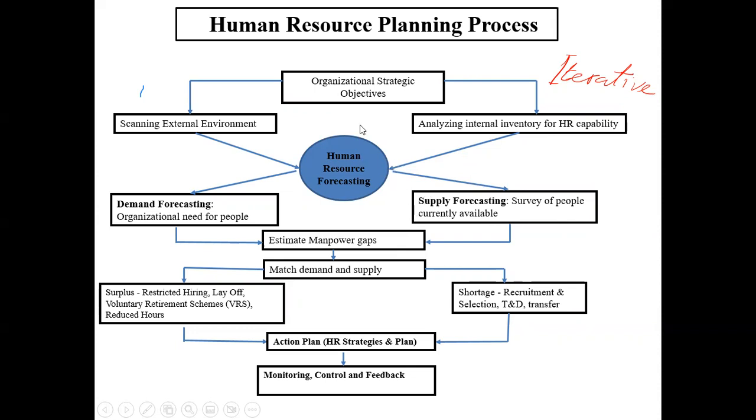It is continuous because it begins from the assessment of an organization's strategic objectives through other stages such as environmental scanning, human resource forecasting, matching of these forecasts, taking an action plan, and monitoring, controlling, and giving feedback into the system. It is also iterative because when it gets to the implementation of the action plan, it does not end there.